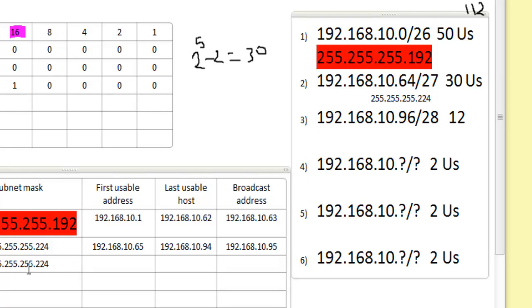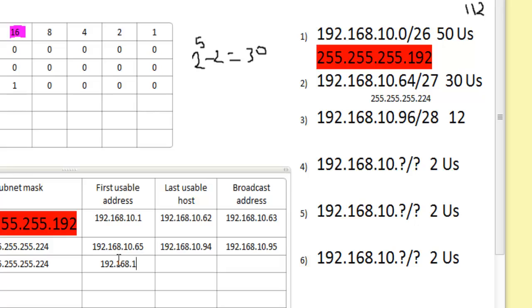Now the first usable IP would be 192.168.10.97. The last usable IP would be 192.168.10.110.